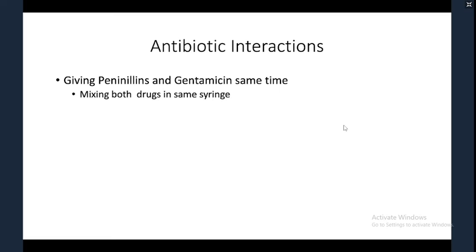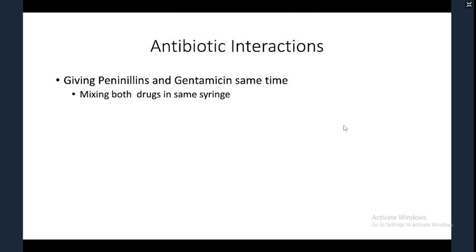The other effects of antibiotics are the antibiotic interactions. There are unknown interactions which happen inside the body and known interactions which can occur in vitro. Here the famous example is the interaction between penicillins and gentamicin. We all know that penicillins and gentamicin is a very good combination to counteract certain organisms.